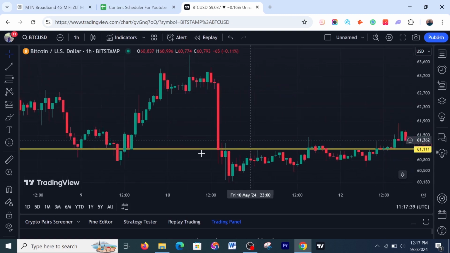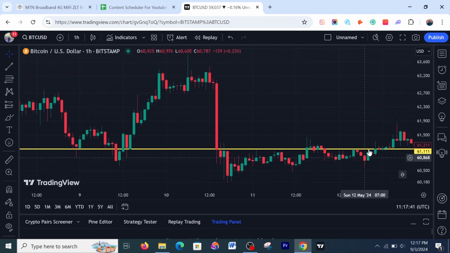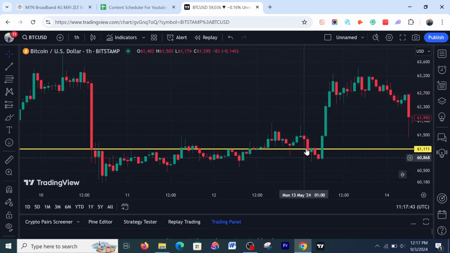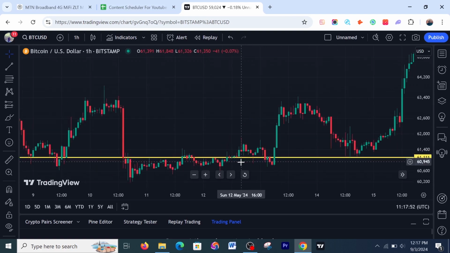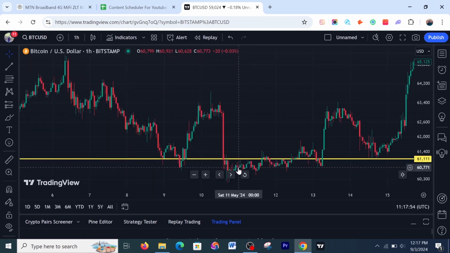So your stop loss will still be safe, and then it comes down again, then goes up, then comes down to retest again, before it goes up. So your stop loss would have been safe. And if price breaks support to the downside, there is no need staying in such a trade anymore.